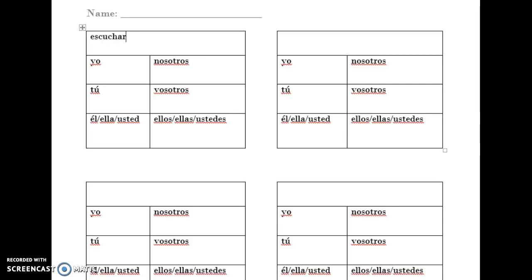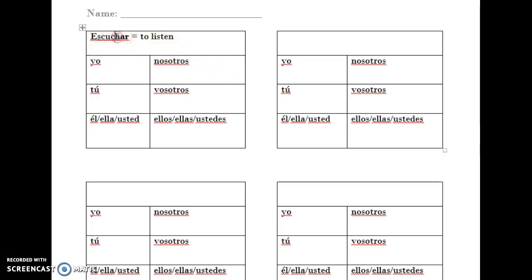Escuchar means to listen. When you conjugate this verb, you're going to decide what's the stem and what's the ending. In this case, the ending is AR, so that's the part that we're going to take off. The stem is this part, and that's the part that we're going to keep in each conjugation.